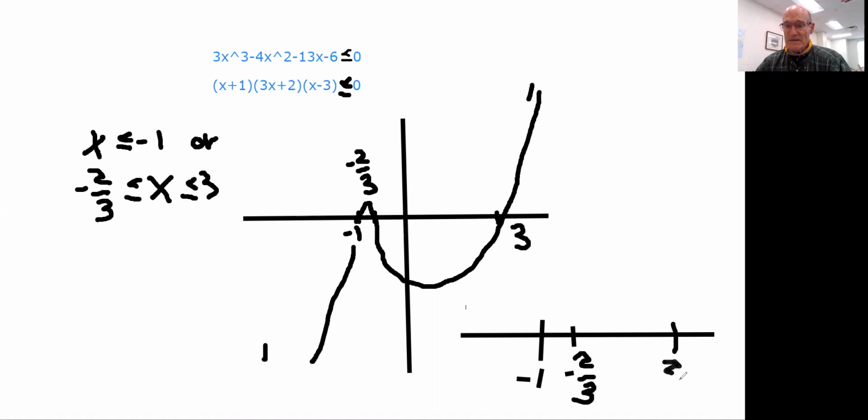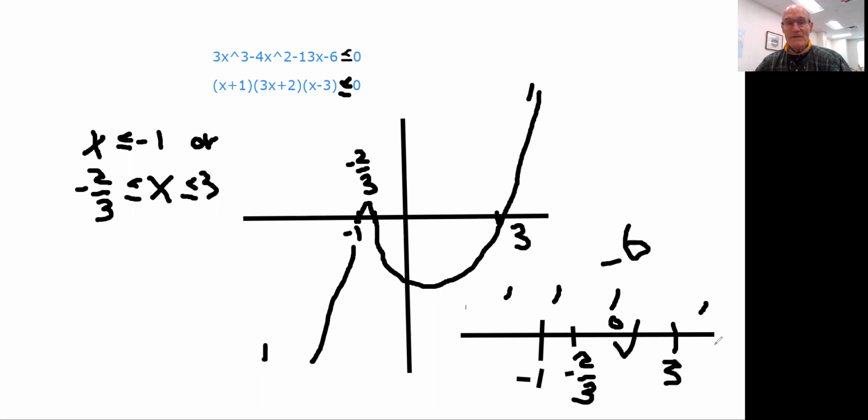Now, so what this does is it creates 4 regions. It creates a region here, creates a region here, creates a region here, and it creates a region here. So if I put in a point between minus 2/3 and 3, if I pick the point 0, and I stick it into my equation up here, I get a function value of -6, and -6 is less than or equal to 0, so this region is a good region.